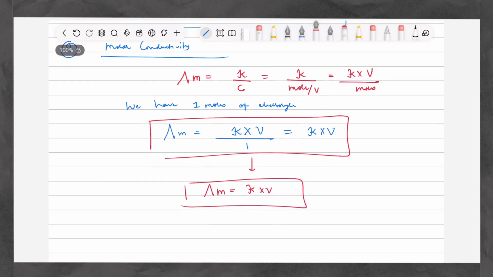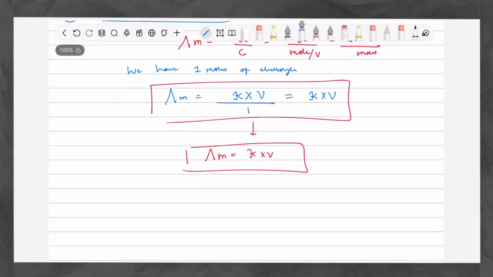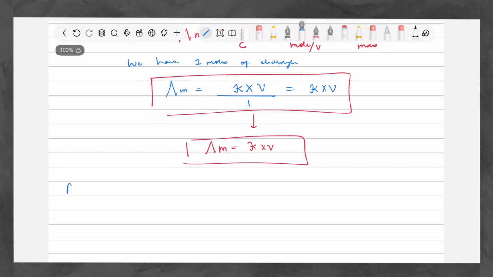So now looking further into this formula, we can see that for dilution, V, basically volume, is increasing, but conductivity value is decreasing. Why is it decreasing? Because there are fewer ions in 1 centimeter cube.